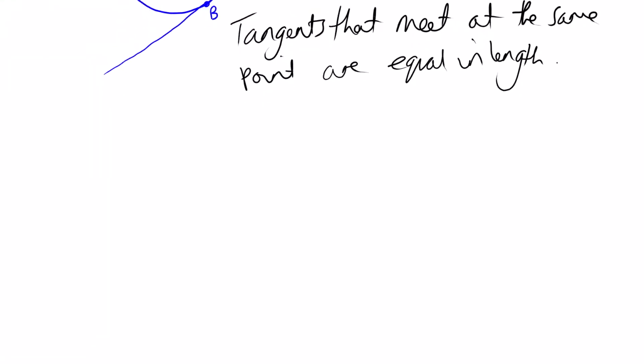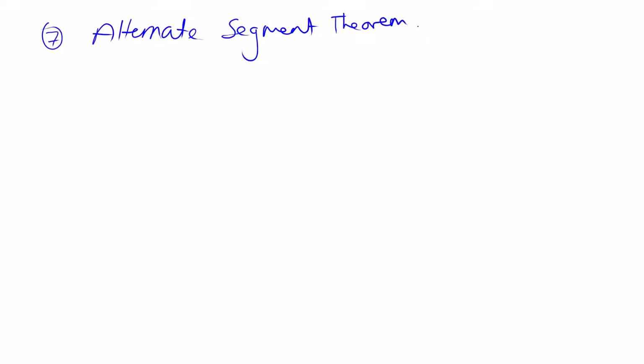Right, now moving on, we have one final theorem to have a look at, and this one even has its own name, the alternate segment theorem. Okay, so once again we've got a circle, we've got a tangent which is meeting at, let's say, this point here.